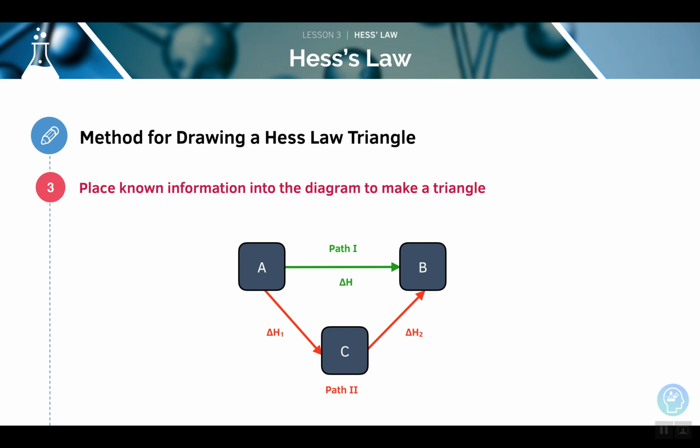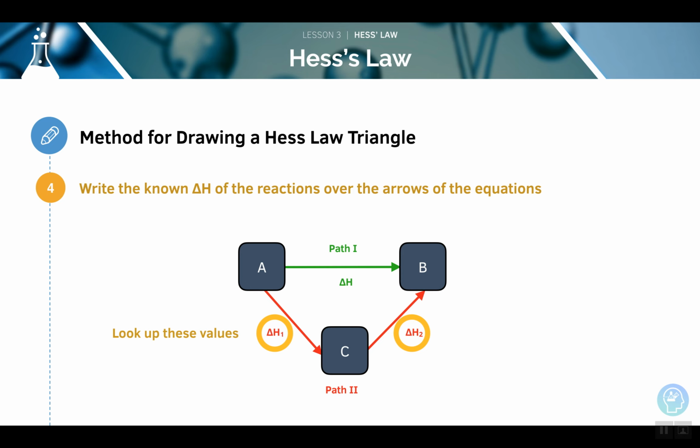Then, we can put in the other bits of information we know in order to make a triangle. The other bits of information will consist of the enthalpy changes of formation or combustion of either of the reactants or the products. After this, we can write down the known enthalpy changes of the reactions over the arrows of the equations by looking at the values provided in the question.